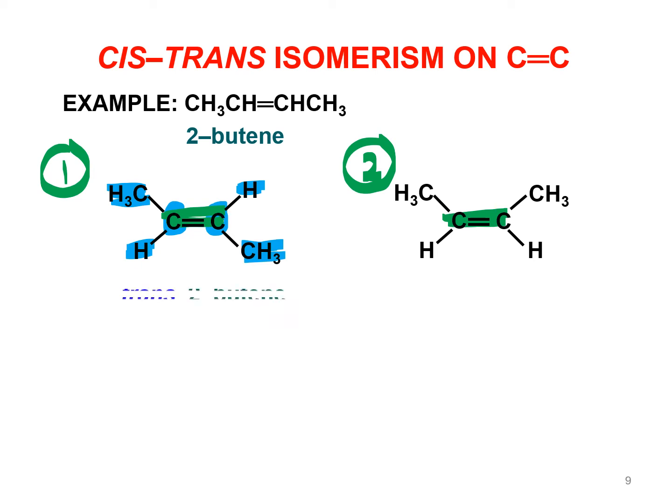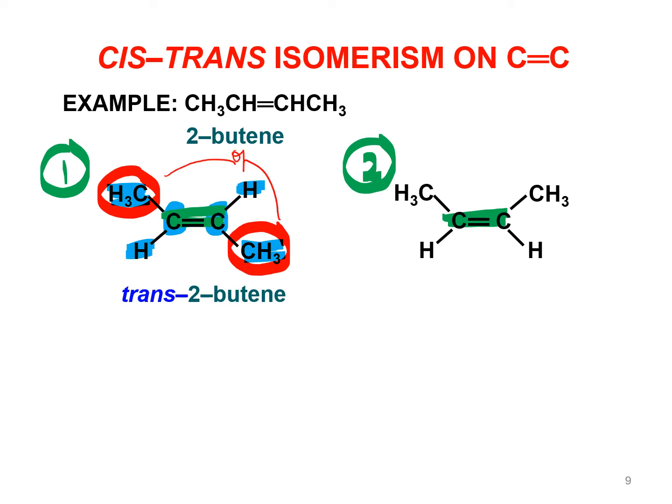The first isomer is called trans-2-butene because the substituents are on the opposite side.